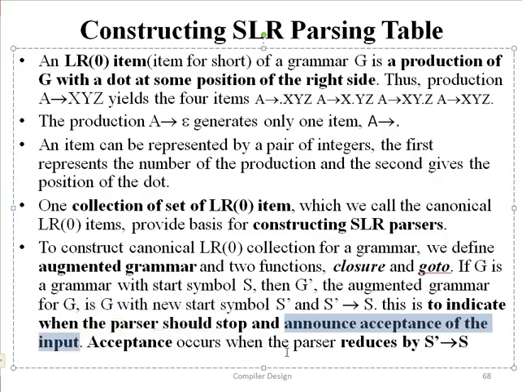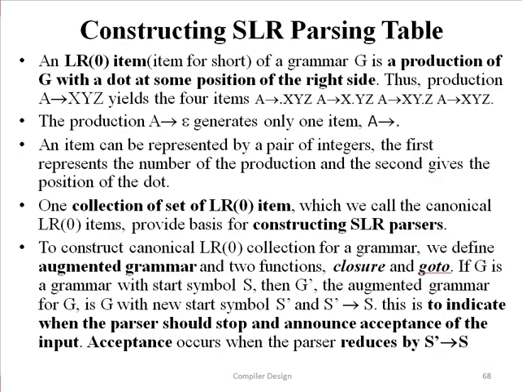So the augmentation, or adding a new non-terminal and production rule, is required to indicate the condition of stopping the parsing process and announcing the acceptance of the given input string.